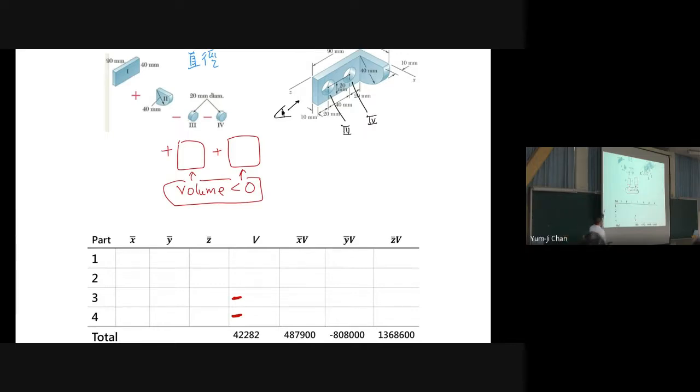Because these 2 are taking out material, we put volume as smaller than 0.